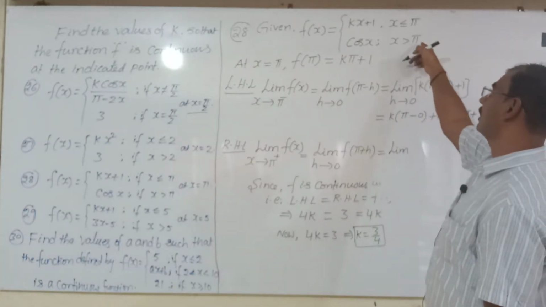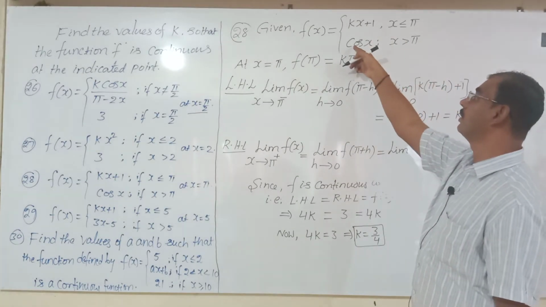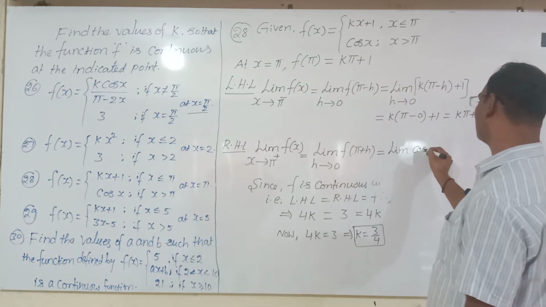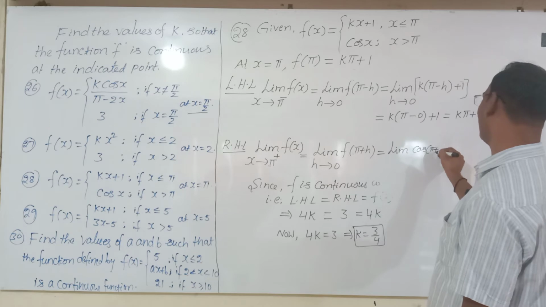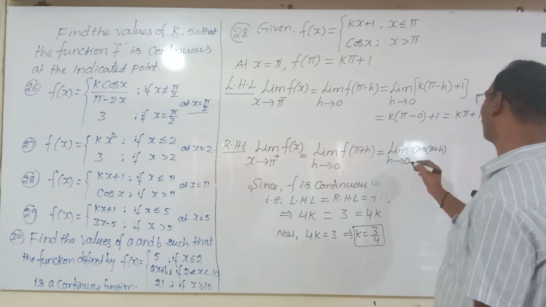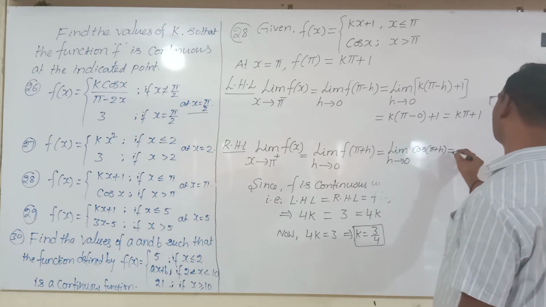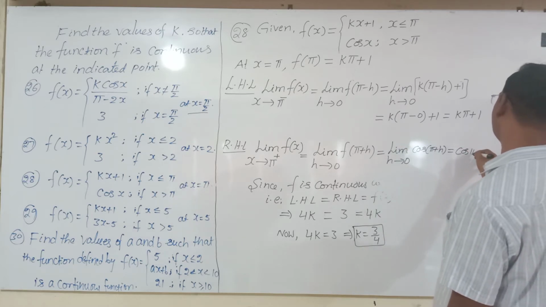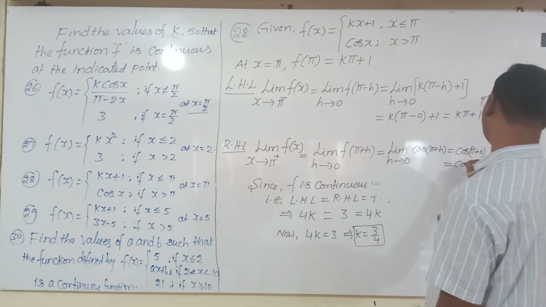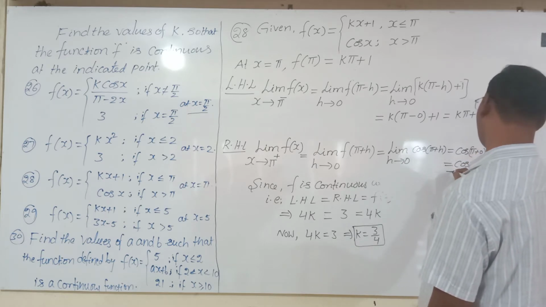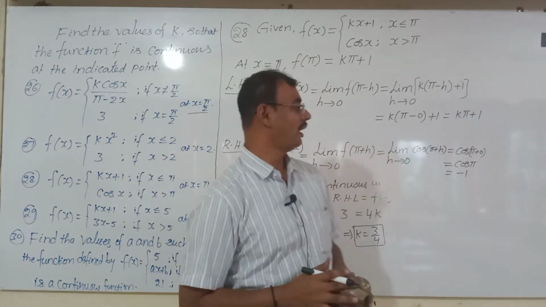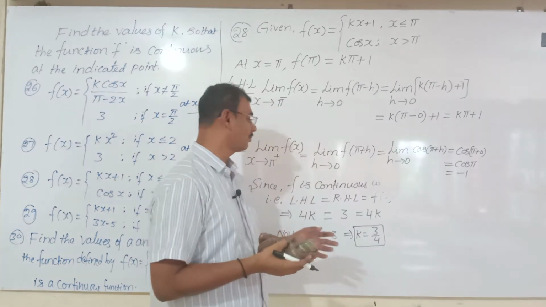When x is more than pi, f of x is cos x. So limit of cos of pi plus h as h approaches 0. Now we apply the limit. This is equal to cos of pi plus 0, cos 180 plus 0 means cos 180. Cos 180 is equal to minus 1. Cos of 180 degrees is equal to minus 1.